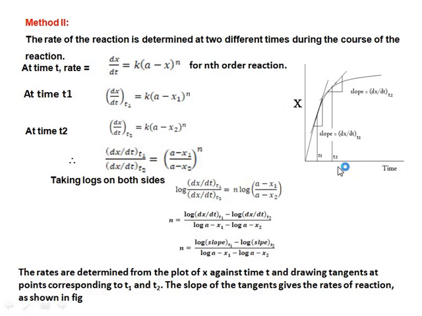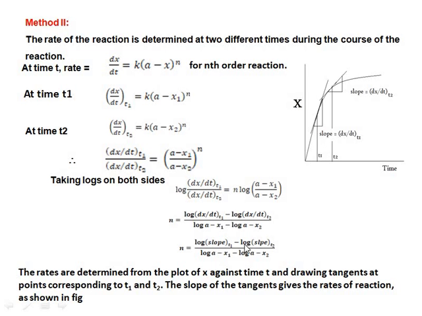So x versus time t: at two different times t1 and t2, we obtain two different slopes, that is dx/dt1 and dx/dt2, right? Two different values obtained from the graphs, and we put this value in this equation here, that is the slope, right?